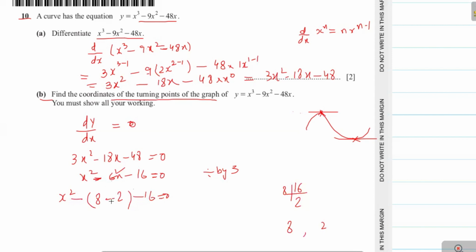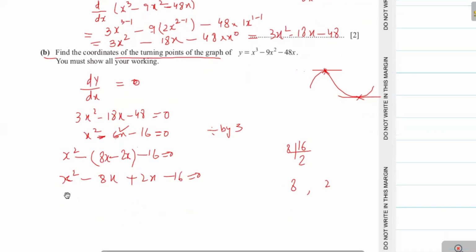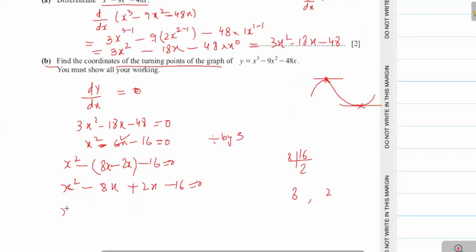And we can write this as 8x minus 2x in place of 6x, and we expand this equation: x square minus 8x plus 2x minus 16 equal to 0. We take the common x here, we get x into x minus 8, and plus 2 is common, so the value becomes x minus 8 equal to 0.